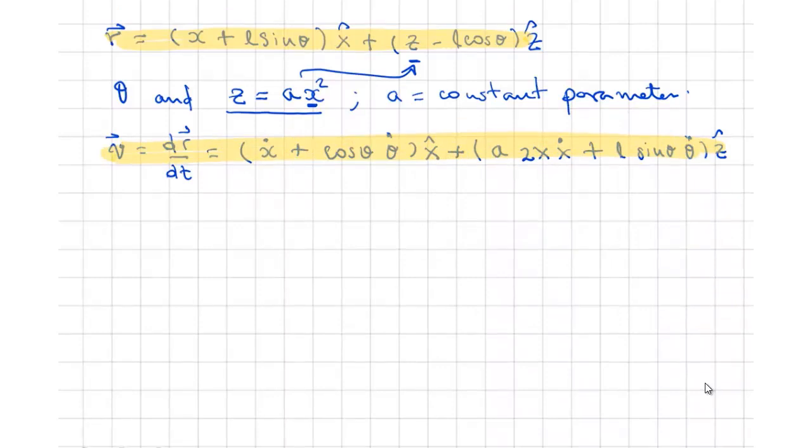Okay guys, here for example, now I can calculate the kinetic energy.